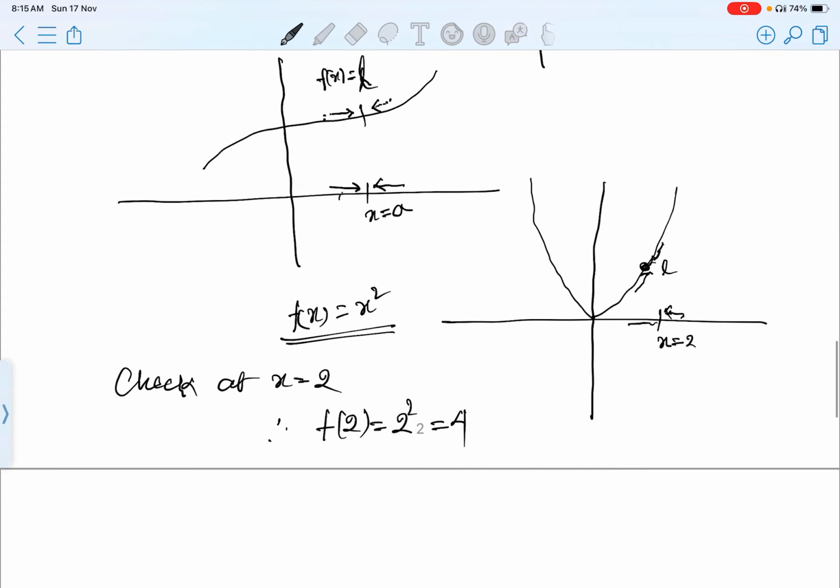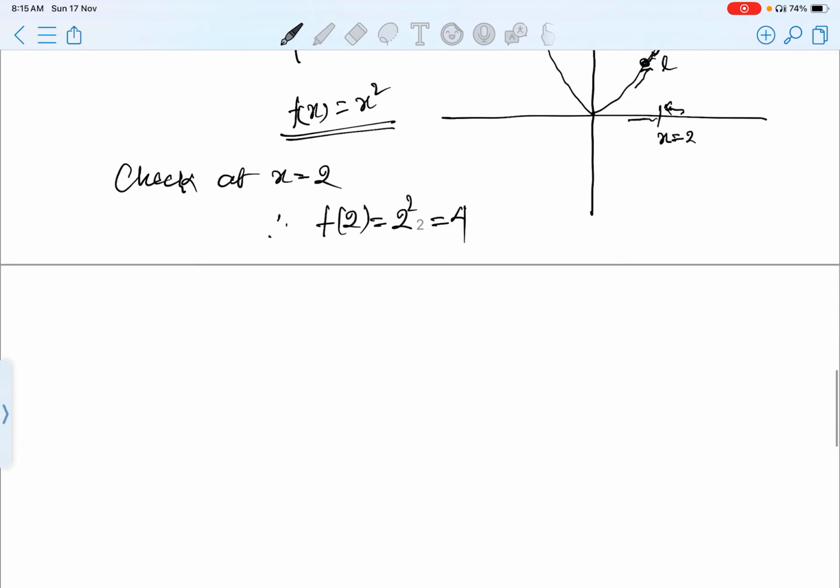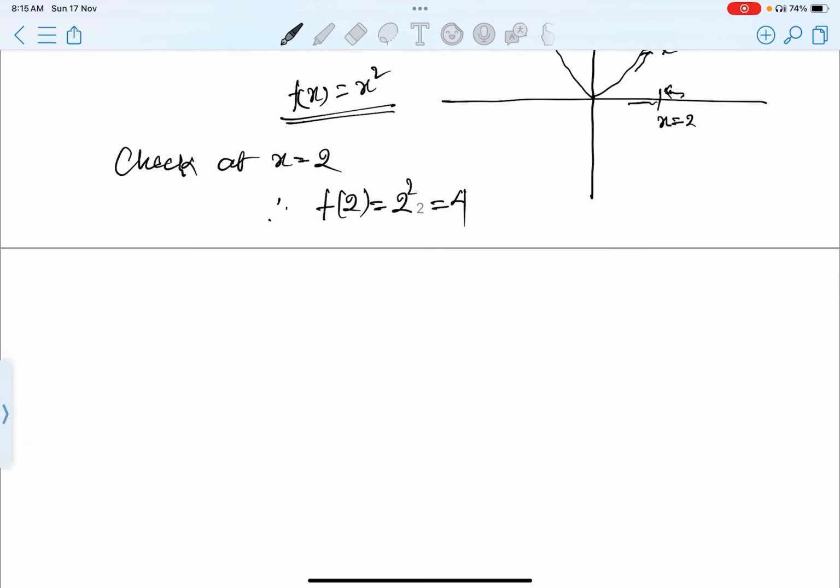Okay, maybe this is clear. Now case 2, limit at infinity. What is the meaning of limit at infinity?